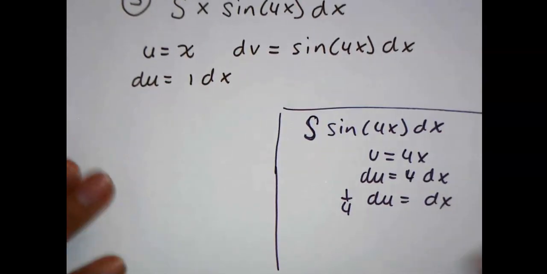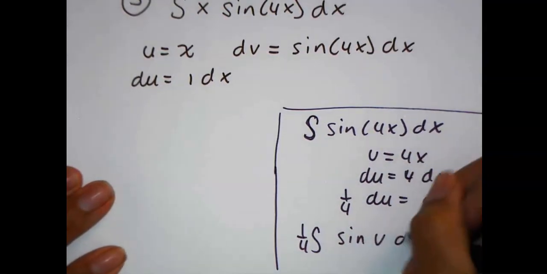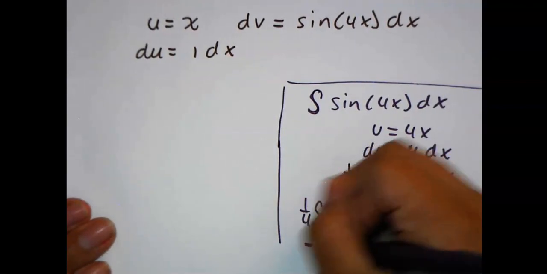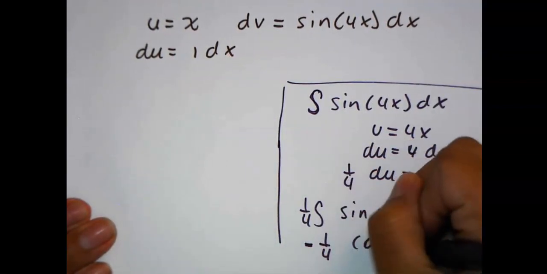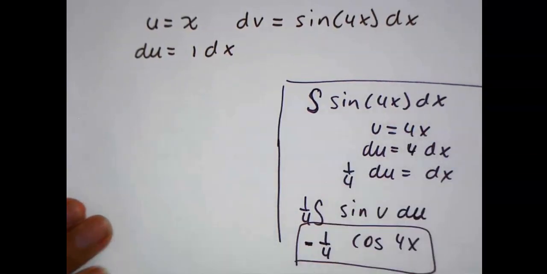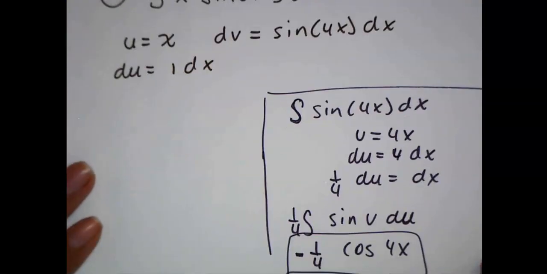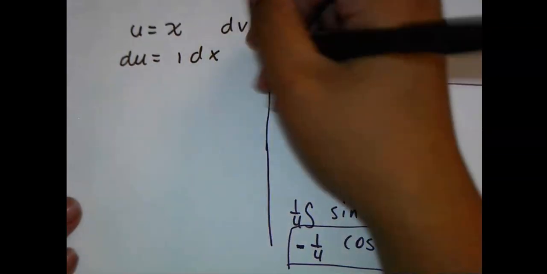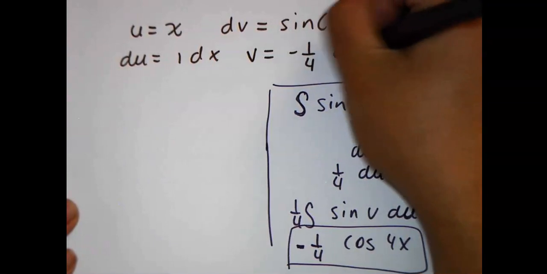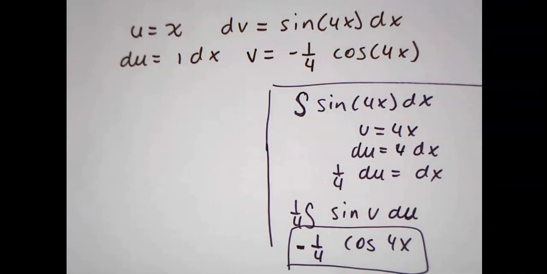So then we're going to do 1/4 sine of u. The integral of sine is negative cosine, so I'm going to have negative 1/4 cosine of u, or 4x. This is my integral, which means that's going to be my v. That's how I got v.